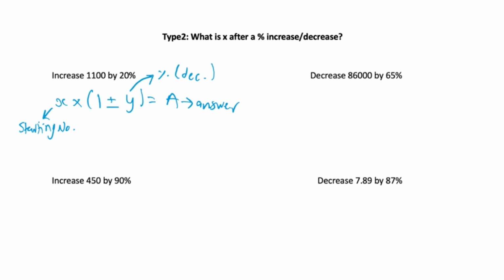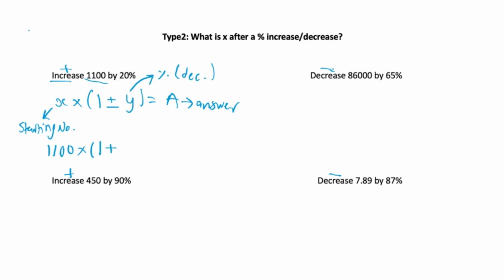So for example, in this case, 1,100 is the starting number, so you replace X with 1,100 and then times 1. In this case it's an increase, so you use the plus sign. Increase, plus, decrease, minus. So 1 plus the percentage. The percentage in this case is 20%.